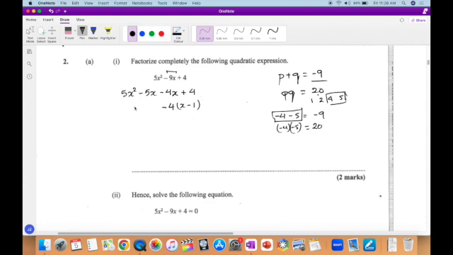And so I take this x minus 1 and put it on this side, and I see that all I need to do is put 5x on this side. So 5x times x is 5x squared, and 5x times negative 1 is negative 5x. And so we have 5x minus 4 and x minus 1 as our factors.